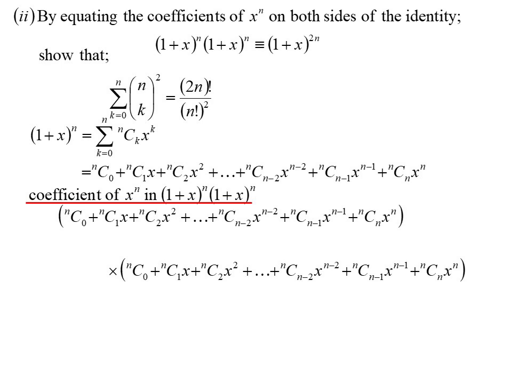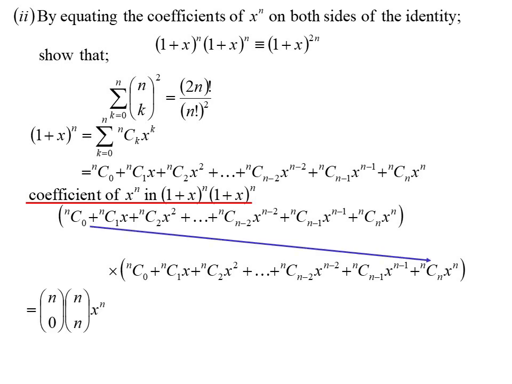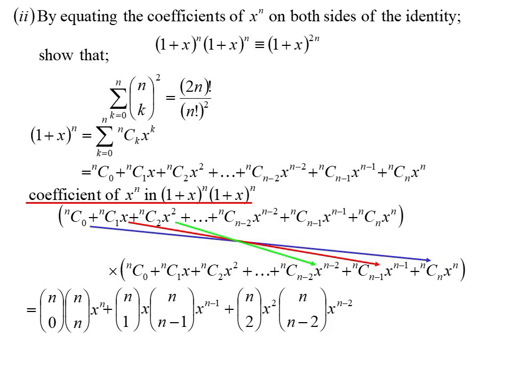So I want to get x to the power of n. So nC0 would have to be multiplied in the other one by nCn x to the n. nC1 x would have to be multiplied by nC(n minus 1) x to the n minus 1. Now they're all going to have a pair to match up with, and we want the powers to add up to n. So nC2 x squared will go with the n minus 2.